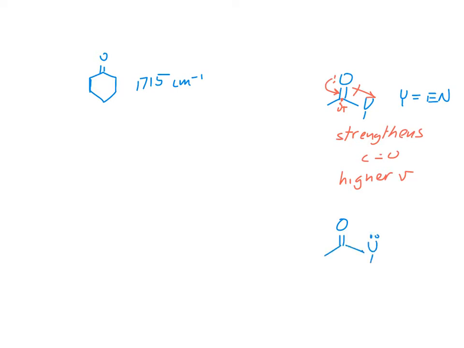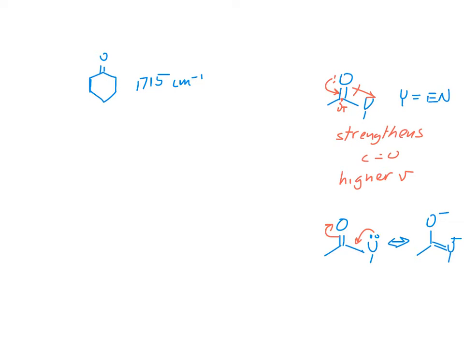have non-bonding electrons on it. And so if those non-bonding electrons donate electron density to the carbonyl through resonance, we end up with a resonance structure that looks like this.